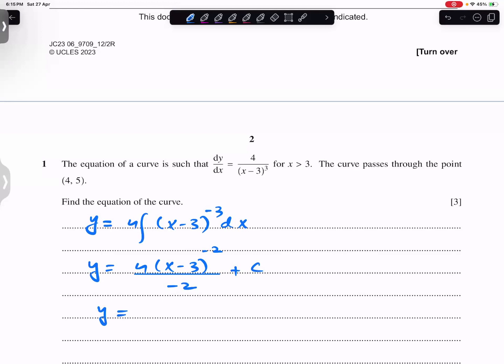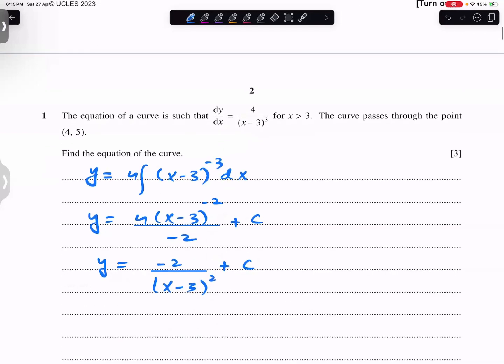So y is equal to minus 2 over (x minus 3) whole square plus c. Now substituting the point, y is equal to minus 2 over (4 minus 3) power 2 plus c. So that is 5 plus 2 is equal to c. So c is 7.